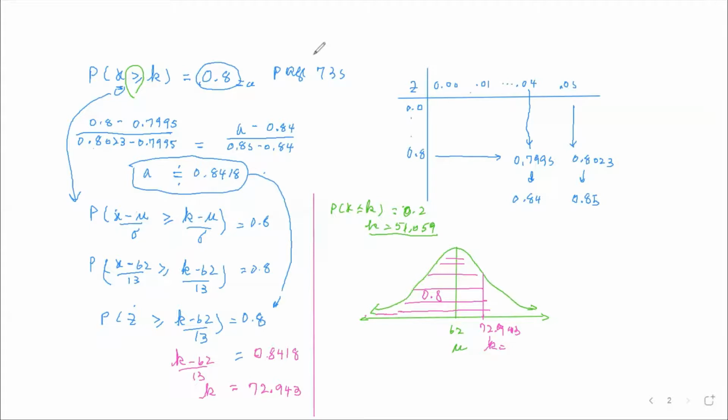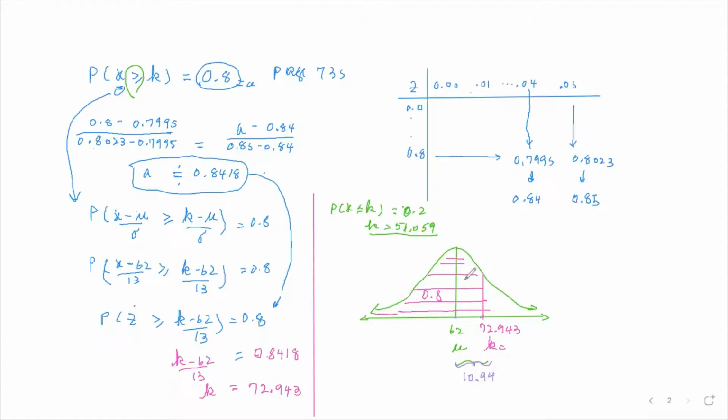So we have to do more steps from this, because if you subtract the distance, the length from 62 to 72.943, you subtract 72.943 minus 62, the distance from here to here, equal to approximately 10.94.